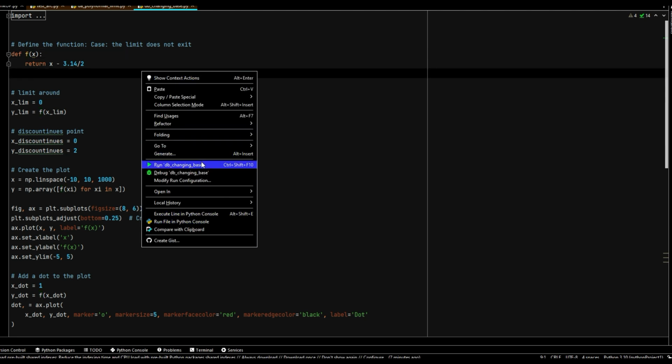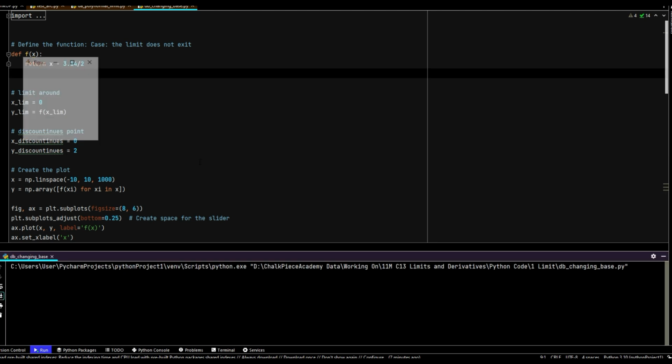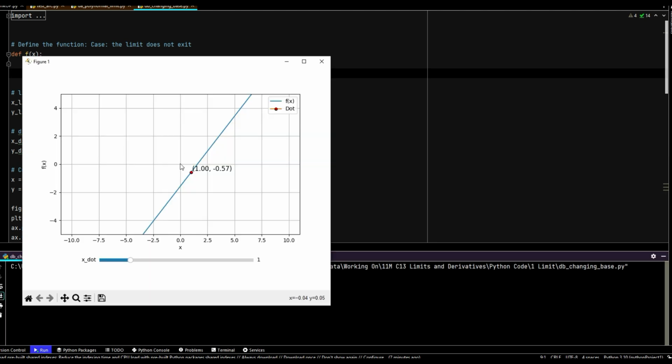Now, similar to what we used to do, x tending to 3.14 by 2, that is 1.57, I'll push the x value towards 1.57. So let's see what happens. We can see 1.575, that's good enough. So it's going towards 0.